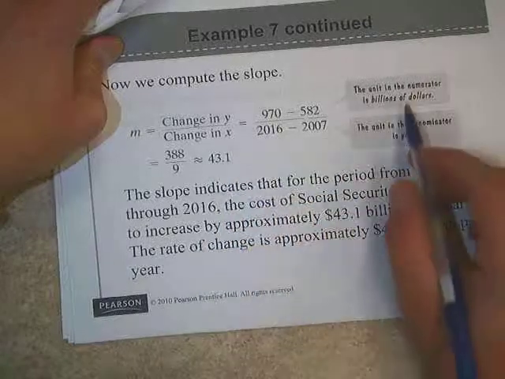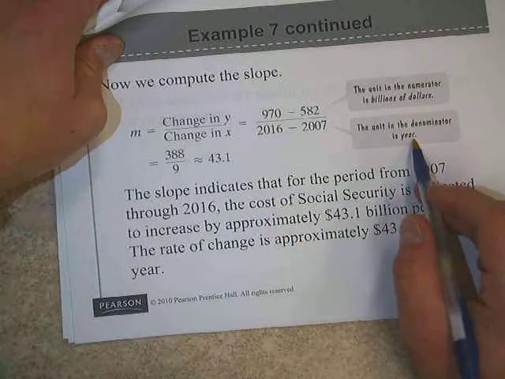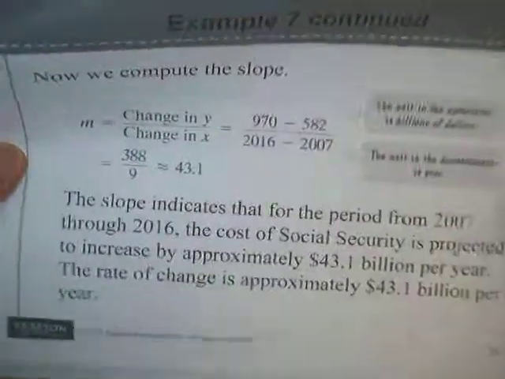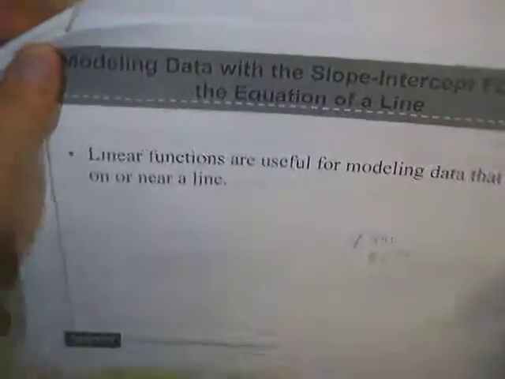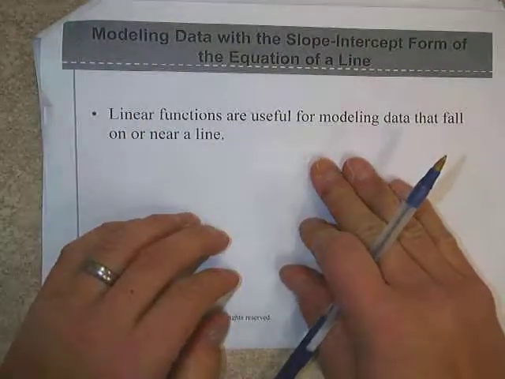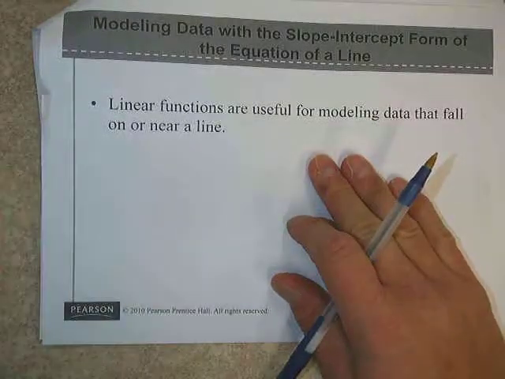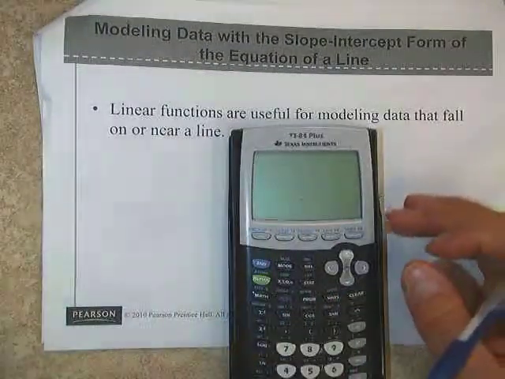In the case of the Social Security one, they actually calculated that on this slide. They wrote down the 2 points, and on the next one, we're going to calculate that rate of change. It turns out to be 388 over 9, which ends up being 43.1. Again, it's 43.1 billions of dollars per year.